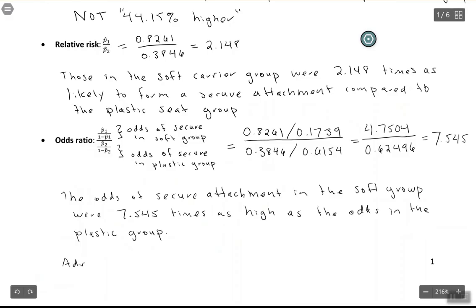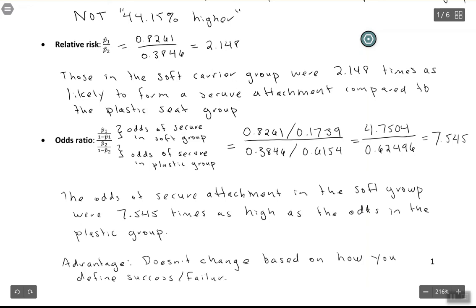So the big advantage of the odds ratio is that this doesn't happen. The odds ratio doesn't change based on those 2 things. So it doesn't change based on how you define success and failure, or explanatory and response.